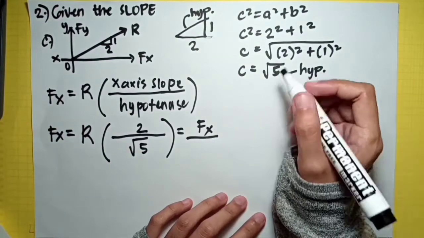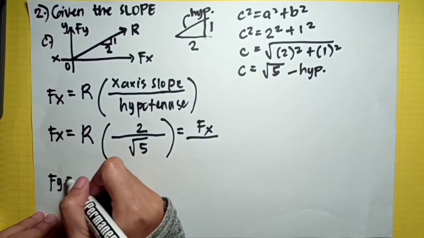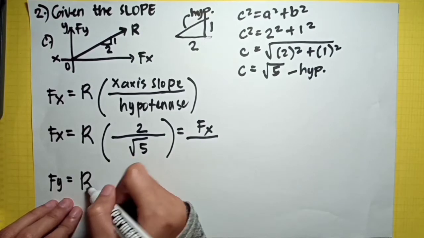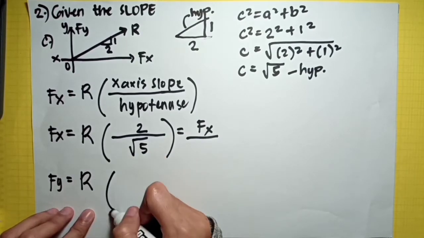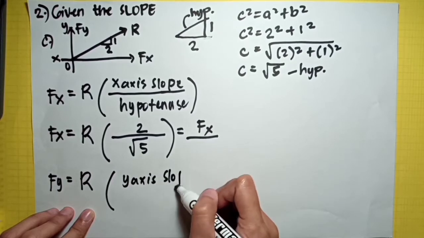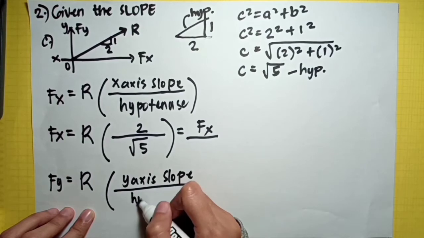Now, for f sub y naman, pareho lang sa f sub x, imumultiply mo lang ang resultant or ang r times sa y-axis naman, y-axis ng slope, all over the hypotenuse.